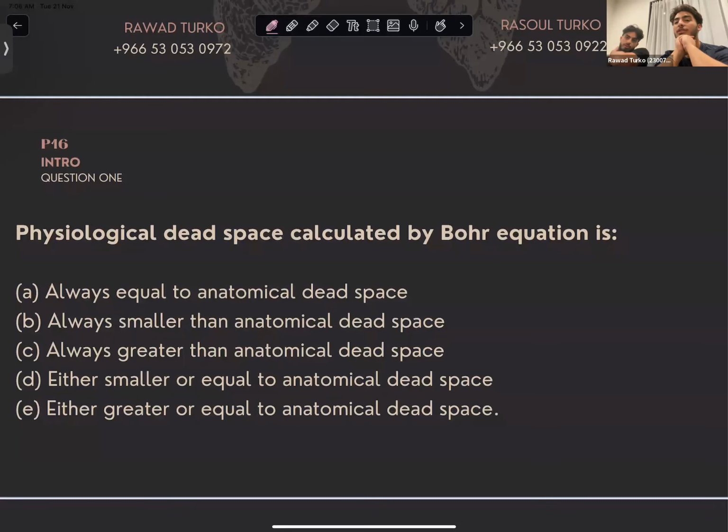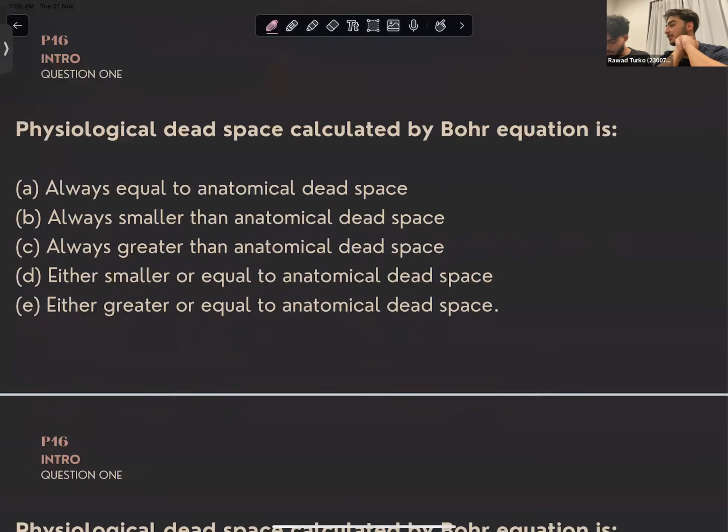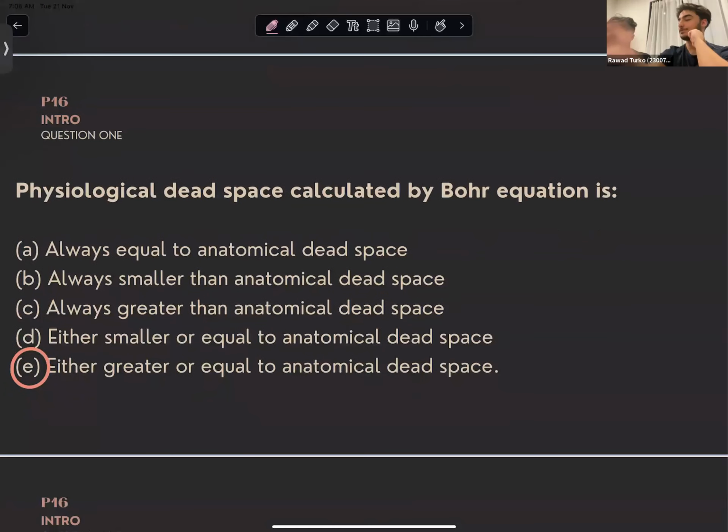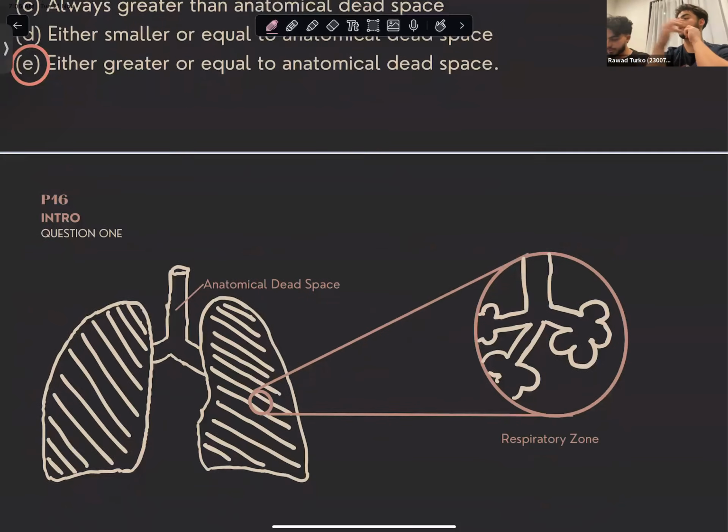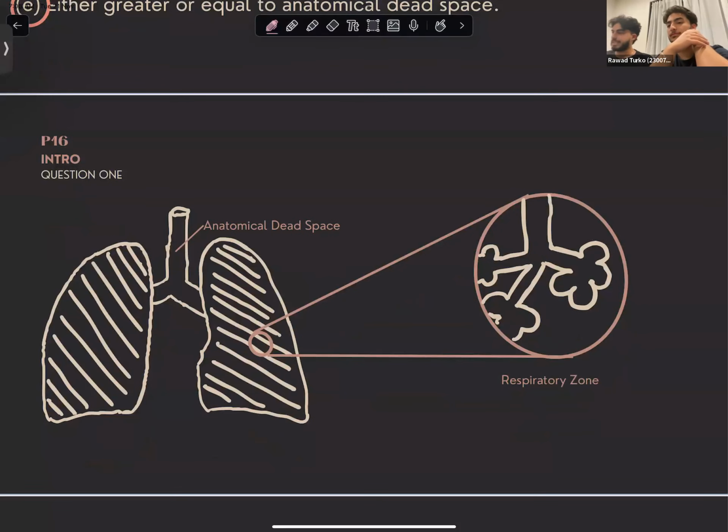Okay, this should be a straightforward question. The answer is E. It's basically recall, but we need to reiterate this point here. The physiological dead space is basically the anatomical dead space, which is the trachea and bronchi, plus whatever is not getting ventilated.